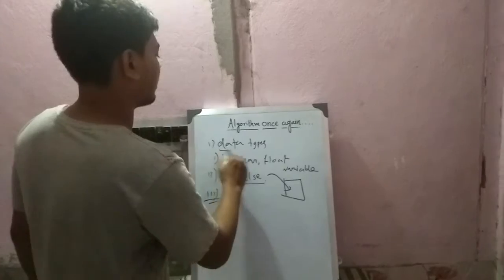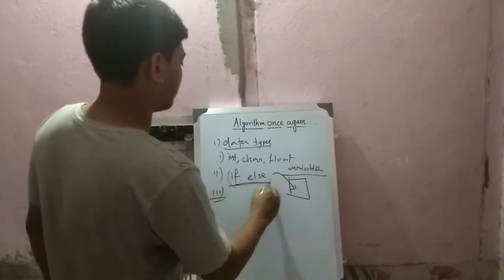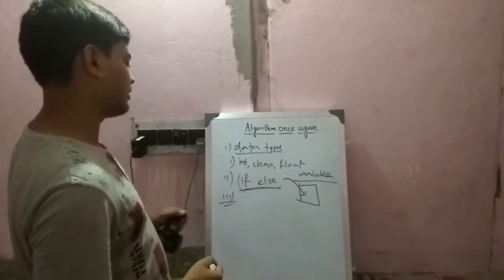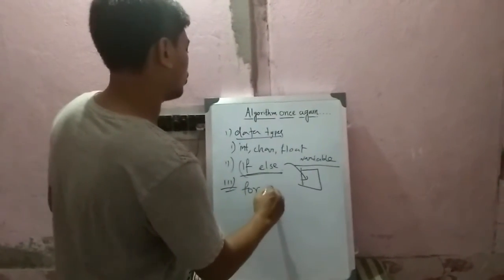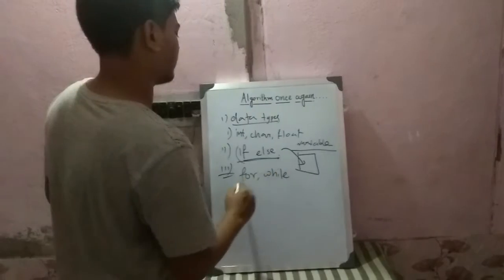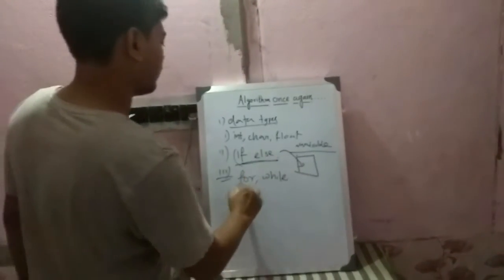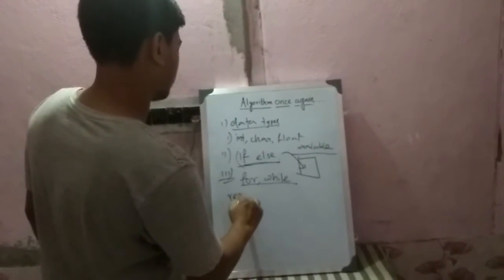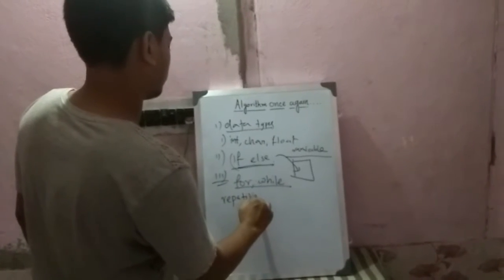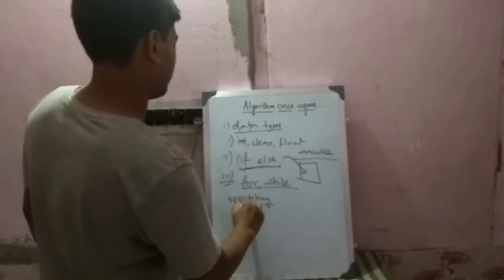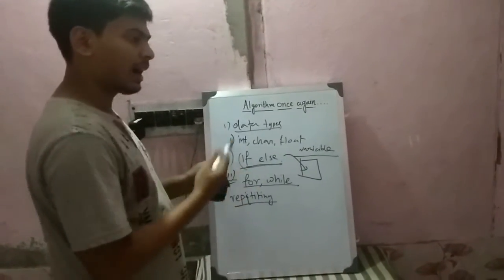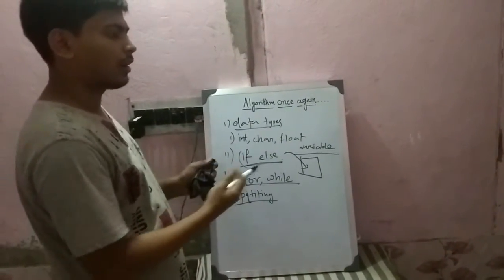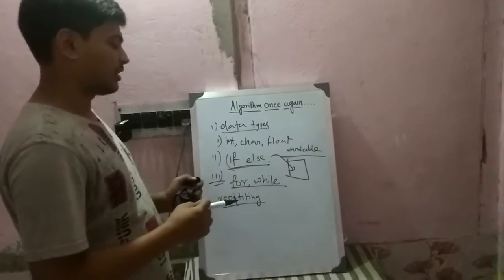Okay, so data type, variable, if else, and then there is for loop, while loop, the control statements, the repeating tool. So by this we can iterate a variable over and over, and we can generate the output.